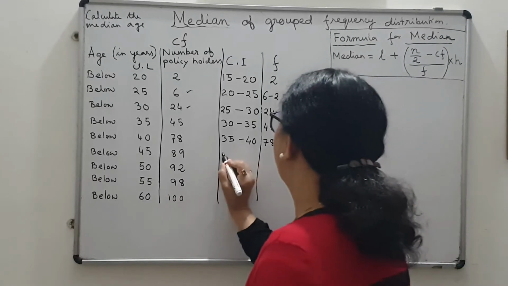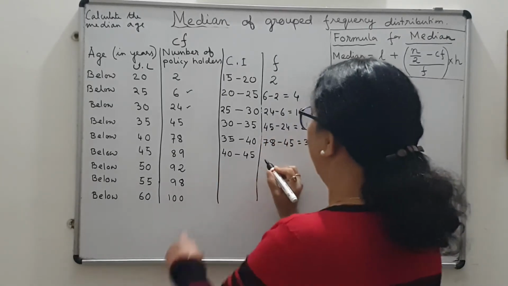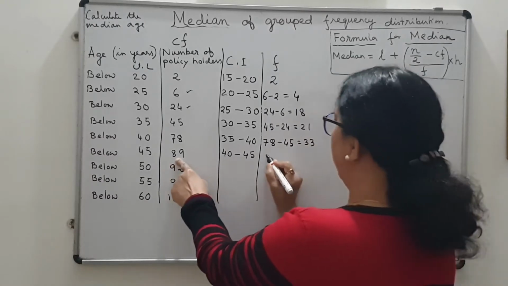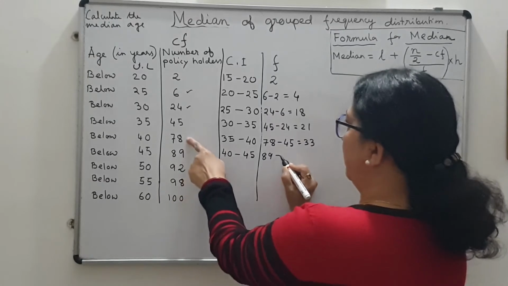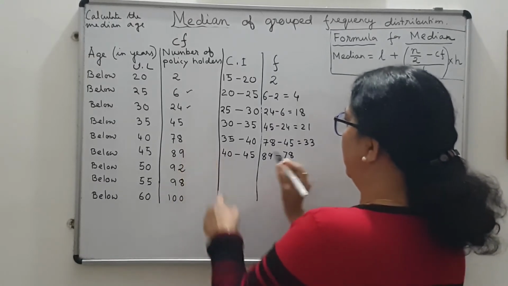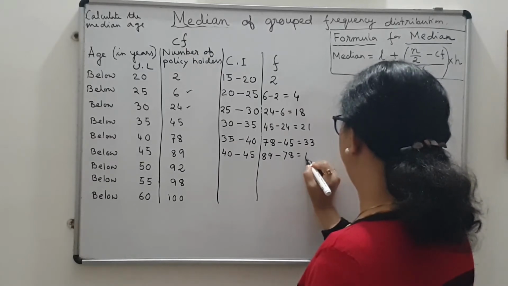Next will be 40 to 45. In this class, 89 is the cumulative frequency minus the previous CF, 78, so I am getting 11.